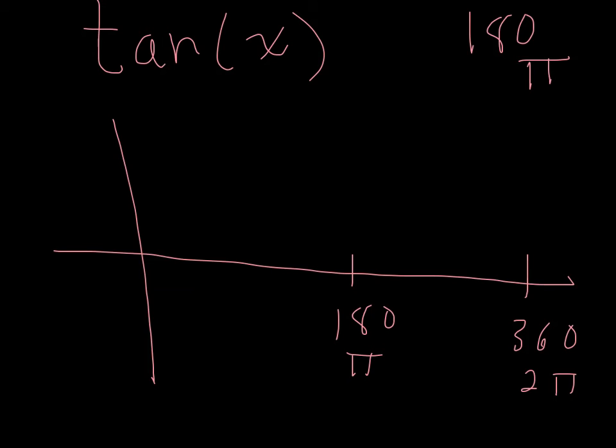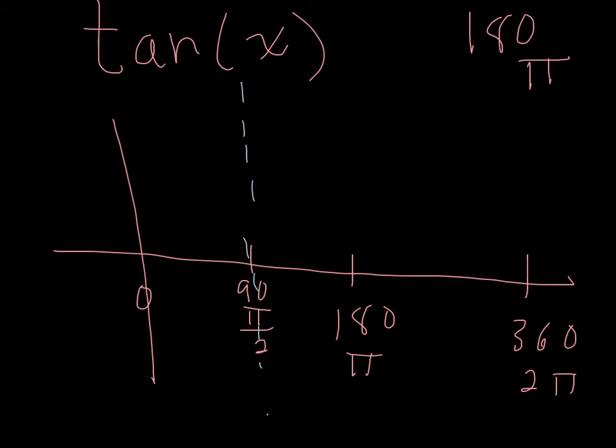So if you remember, we start by putting an asymptote right in the middle of 180 and 0. And so let's put an asymptote there. Remember, an asymptote isn't technically part of the graph, so I'm just going to leave it dotted.